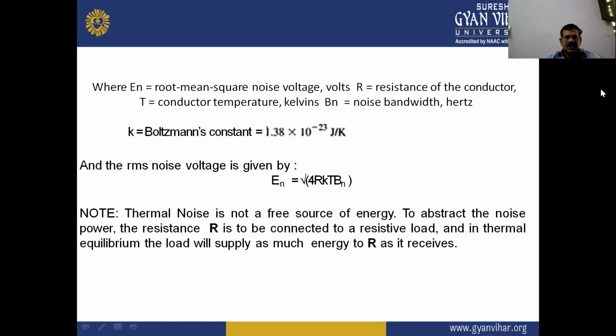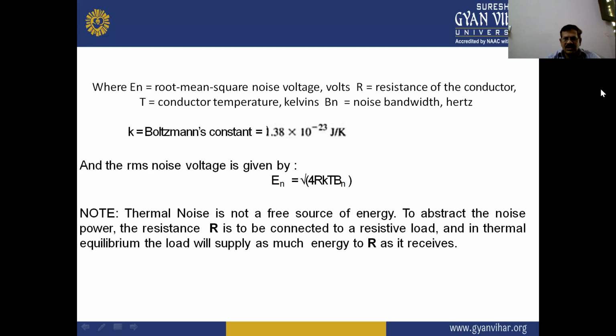Where En is the root mean square noise voltage, R is the resistance of the conductor, T is the temperature in Kelvin, and Bn is the noise bandwidth in Hertz, which is the frequency difference of higher frequency minus lower frequency.